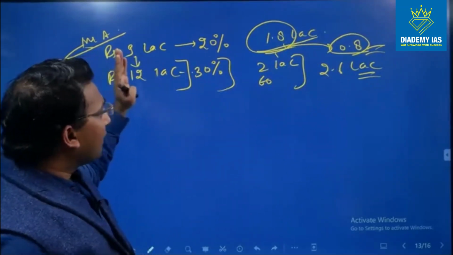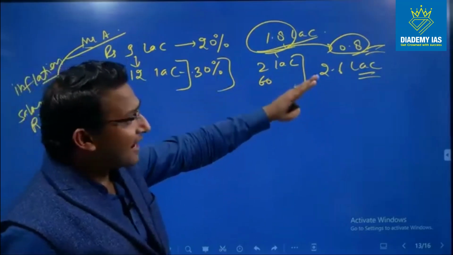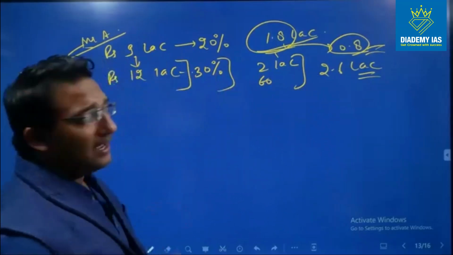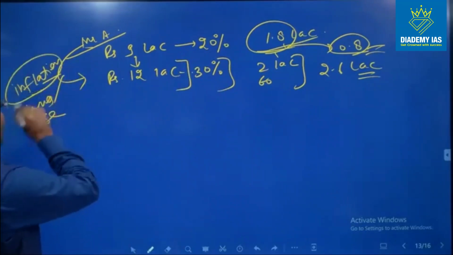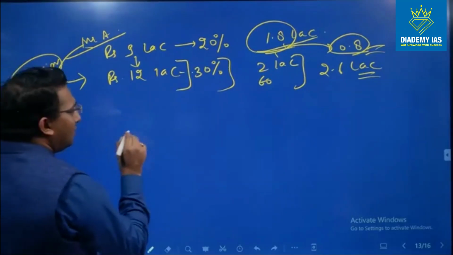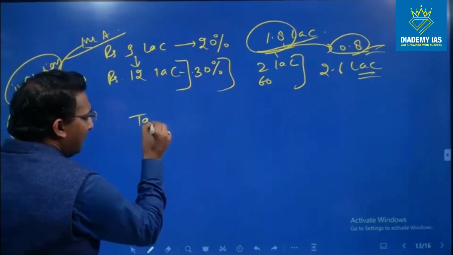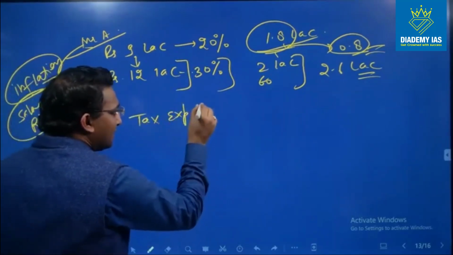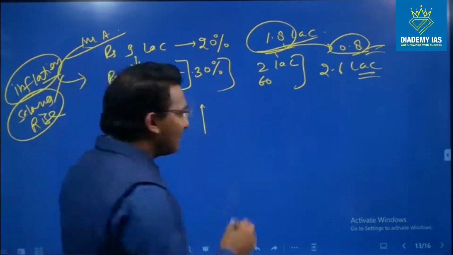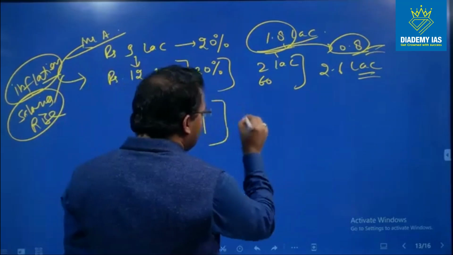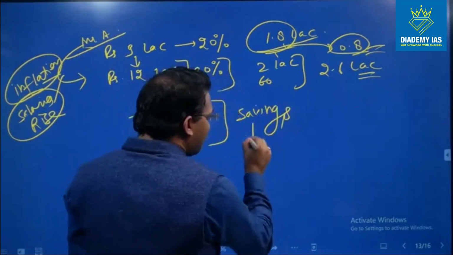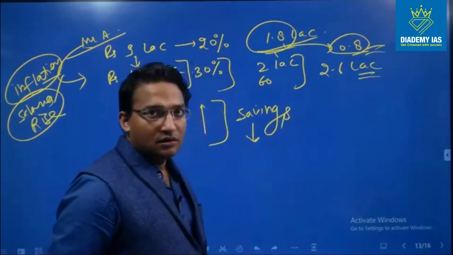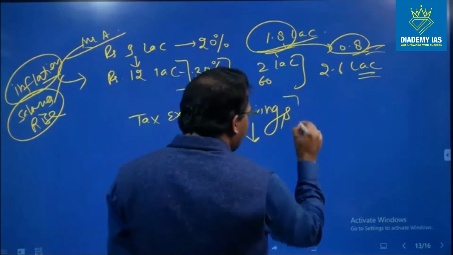So the increase in tax amount is more than the increase in the income, right? So because of the inflation and because of the salary rise, the tax expenditure has increased. When tax expenditure increases, that means the savings in the pocket of Mr. A got reduced, right? The savings got reduced.